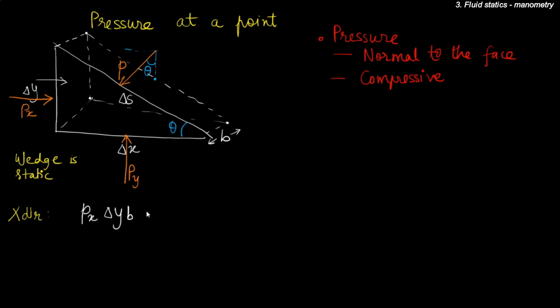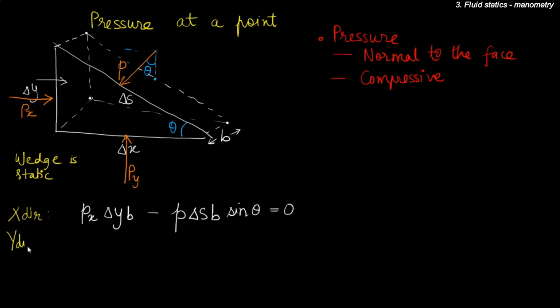On the slant side, we have minus p times the slant area, so slant area will be delta s multiplied by b. But we have to take the component of this particular force in the x direction, and that particular component will be the sine component, because theta is this angle. So this will be 0 in order to maintain a static equilibrium.